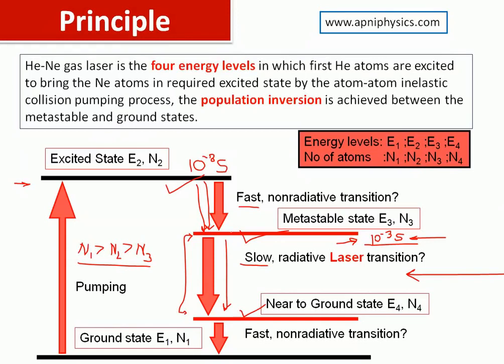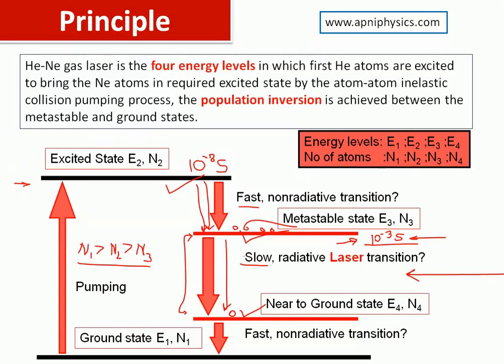You know that the lifetime of this state is longer as compared to the excited state. So all the atoms basically start to accumulate here during the process, and in the ground state the number of atoms will be smaller as compared to this one.